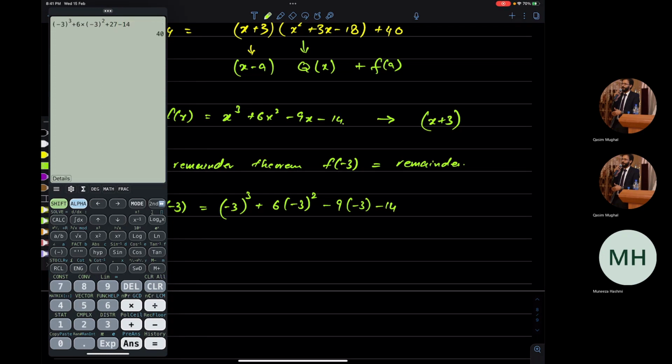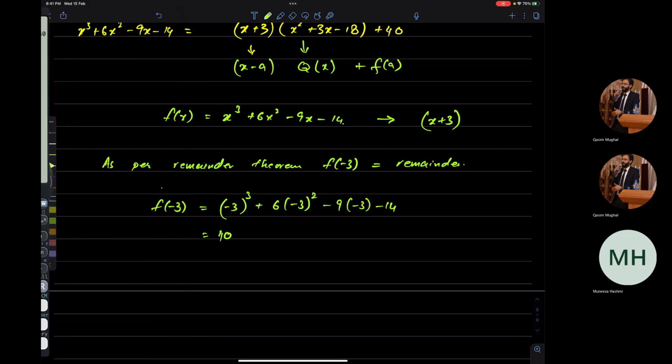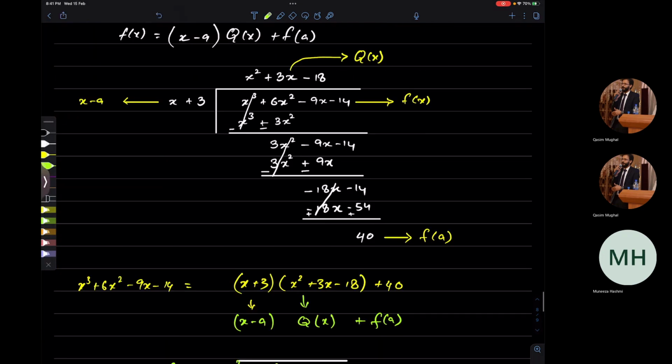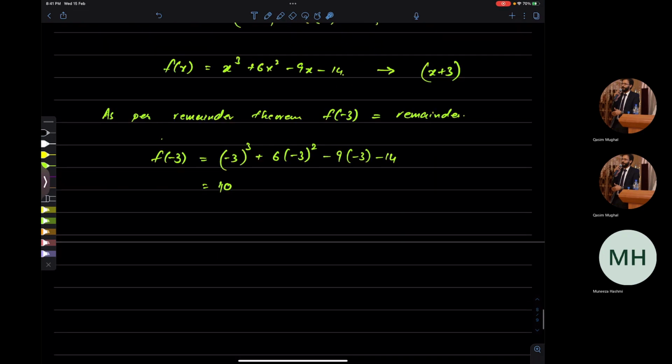And that is actually 40. So without doing the long process of long division, I came to the conclusion directly. Got it? So that's what the remainder theorem is.